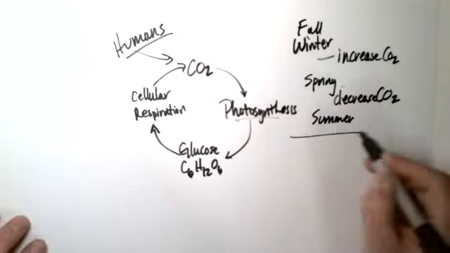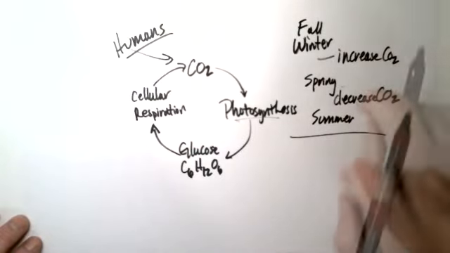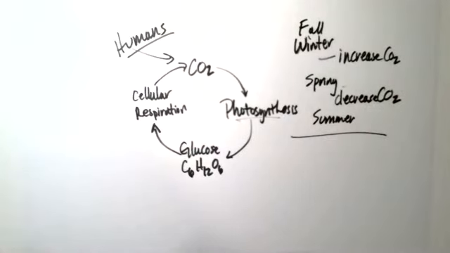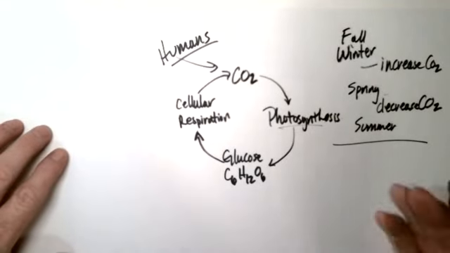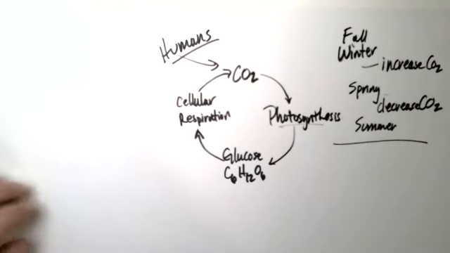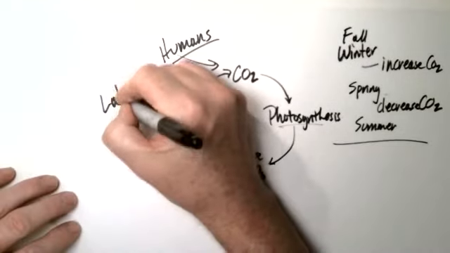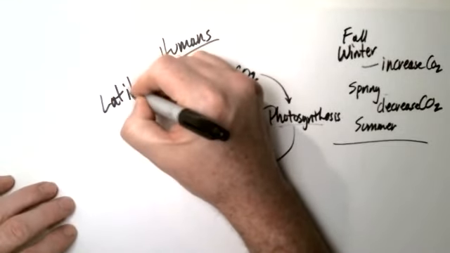Now, not only do we see that, and this would be a seasonal fluctuation, but we also are going to see that as we move, say, from the equator up to the northern or the southern latitudes, you have a latitudinal difference. Hopefully I can spell this right.